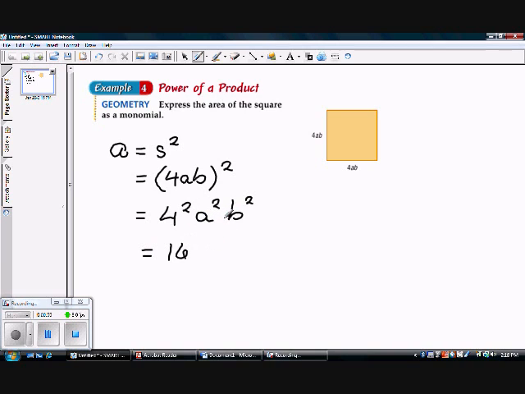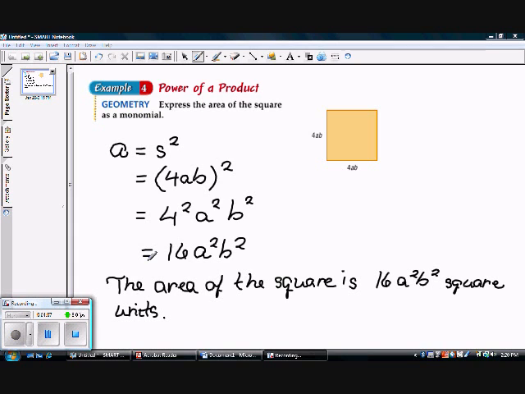There's nothing we can do with these. They are not the same bases. We cannot add the exponents. So it's going to be 16 a squared, b squared. Okay, so the area of the square is 16 a squared, b squared, square units. The square units means that it's the number of squares it would take to cover it.